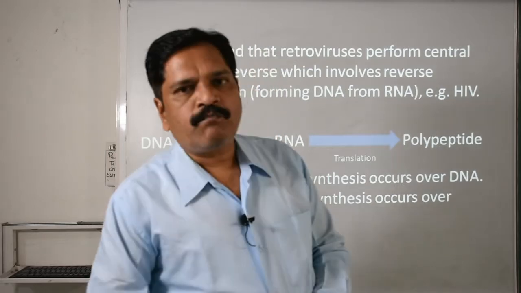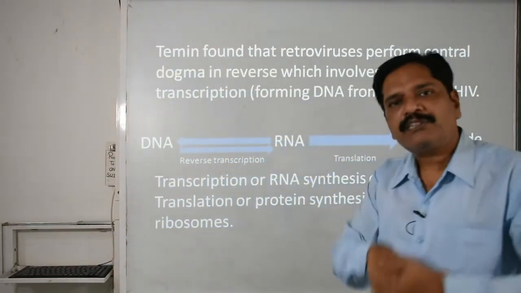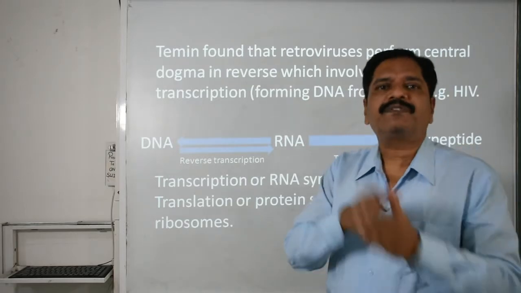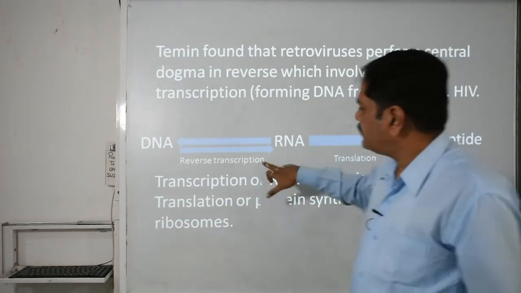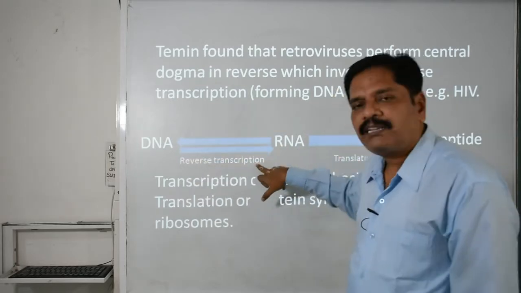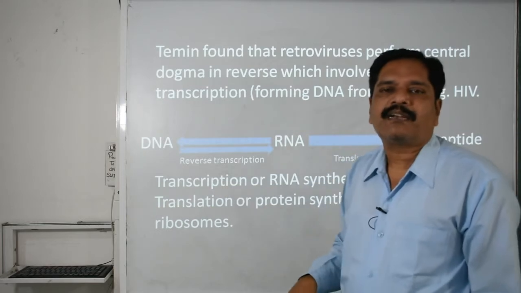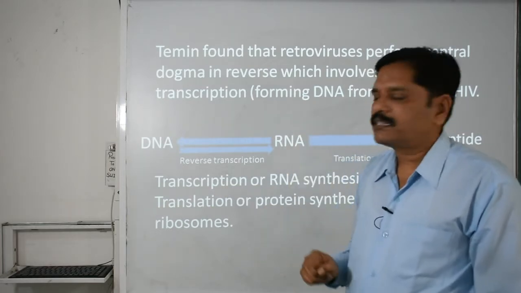What is the transcription? Formation of RNA from DNA. So what is the reverse transcription? Formation of DNA from RNA, and this procedure is called reverse transcription, and for this they have the special enzyme called reverse transcriptase.